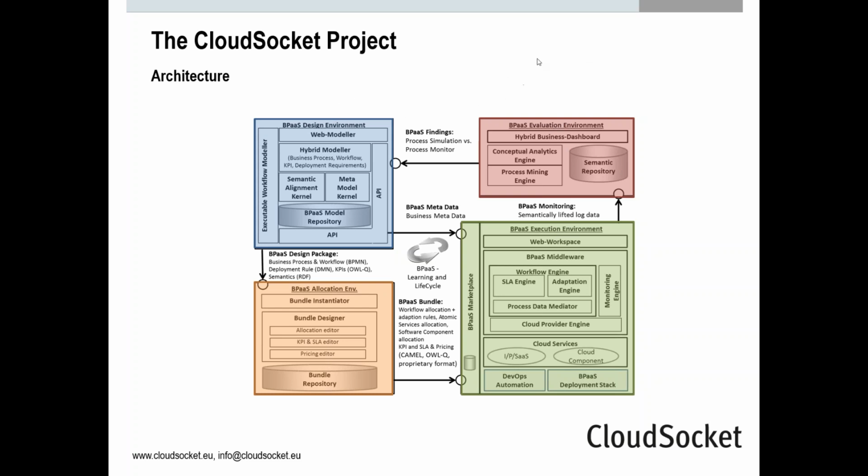The BPaaS design environment basically enacts the definition of a business process, its transformation into an executable workflow by applying semantic enrichment, and in the end there will be a design package comprising the business process, the workflow, some additional high-level deployment rules, KPIs, and semantics, which is then passed to the allocation environment.